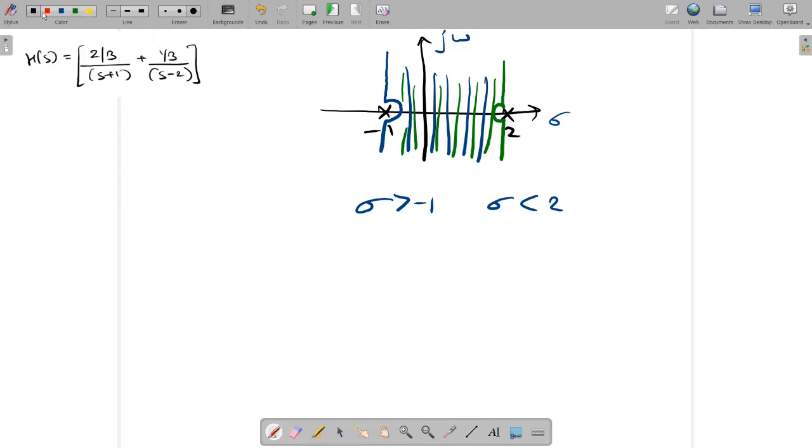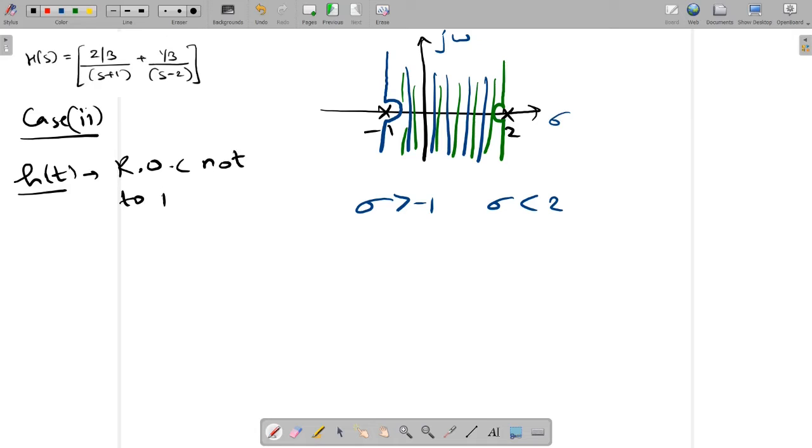Okay, so case 2. For h of t, the ROC is not to the right of the rightmost pole, therefore not causal.